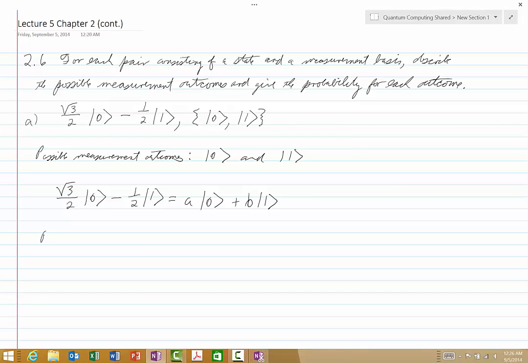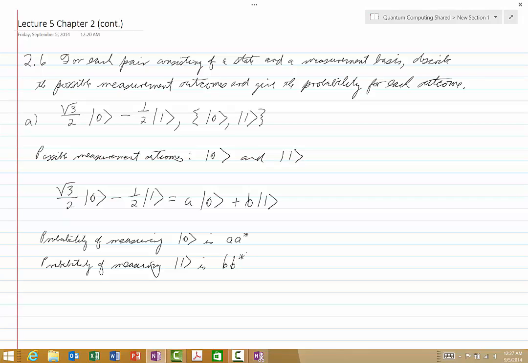So probability of measuring 0 is A times A conjugate, and the probability of measuring 1 is B times B conjugate.